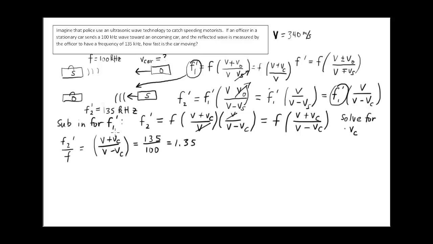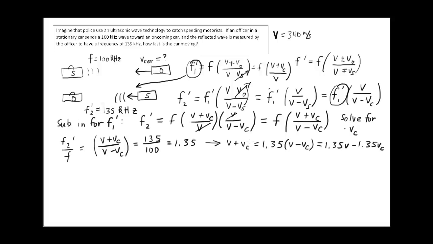So we've got V plus V car over V minus V car is 1.35, cross multiply, right? We need to get the V car all by itself on one side of the equation. So we have V plus VC is 1.35 times V minus VC, right? Or 1.35 V minus 1.35 V sub C.